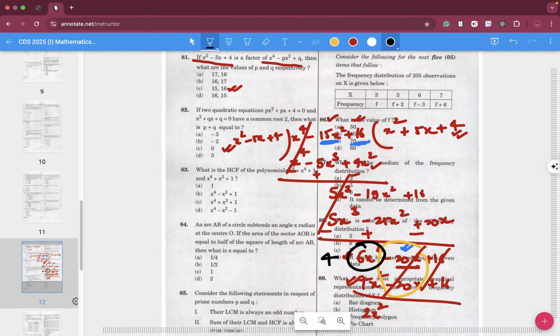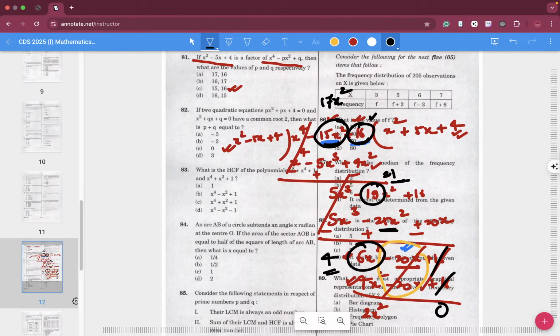To have 4x square here, we were supposed to have 21x square over here. Then only you will have 25x square minus 21x square, 4x square. At this point you are supposed to have 17x square. We have no contention with the constant term 16 because eventually it is getting cancelled to give you 0.